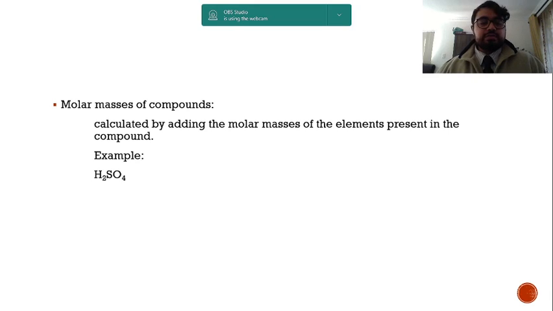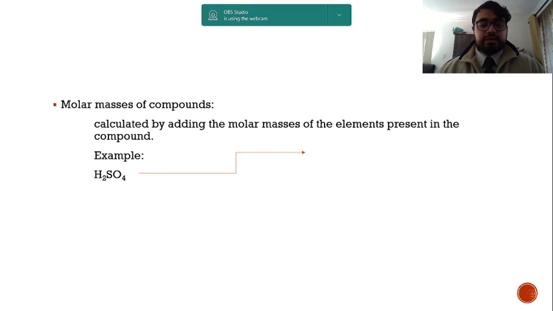So for example, if we have the compound H2SO4, which is the compound for sulfuric acid, you'll notice that there are two hydrogens, one sulfur, and four oxygens. So what we'll need to do to get the molar mass of that compound is add the molar masses of the individual elements.